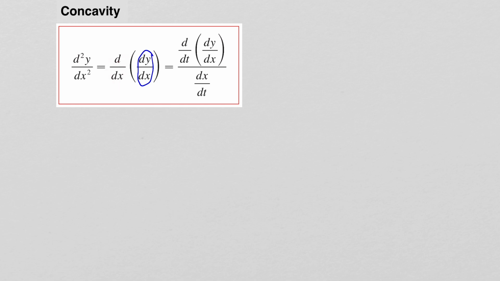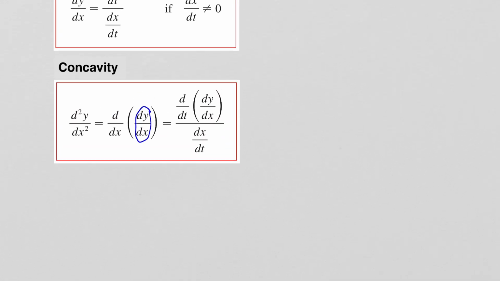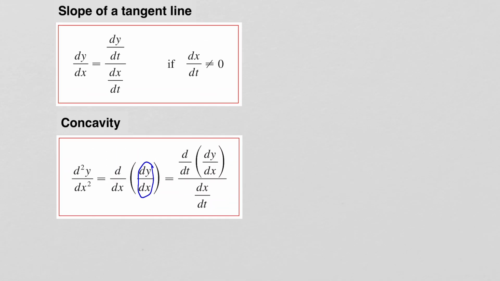So the derivative of this function of t is the derivative with respect to t of that, but then we have to divide by dx dt once again. And so it's very much like the formula for the first derivative, where we have to divide by dx dt. So we are simply taking the derivative of the new function that we're talking about, so the derivative of the derivative, but then we have to divide by dx dt again.